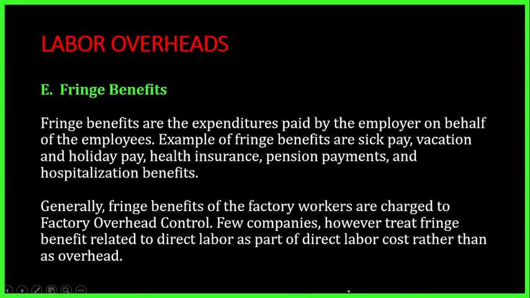This is under the assumption that these fringe benefits can be directly attributed to a specific job or a specific project. That's why it can be treated as part of direct labor cost.